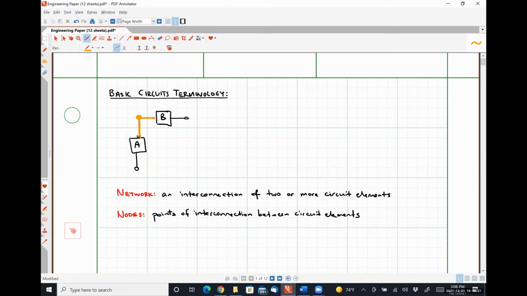Okay. So if we connect even more circuit elements together, so let's make my pen weight not as heavy. Let's call this guy element C. This guy here, element D. When we add more circuit elements, we're adding more nodes.